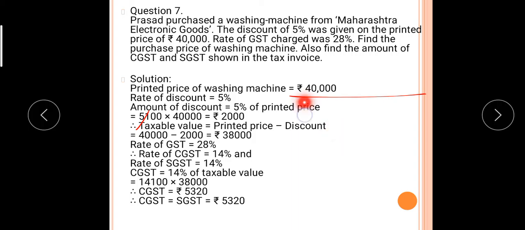Now taxable value is equal to printed price minus discount. Printed price is how much? 40,000. How much discount did we get? 2,000. So what is the actual value? Taxable amount means on how much amount we have to pay tax? We have to pay tax on 38,000.